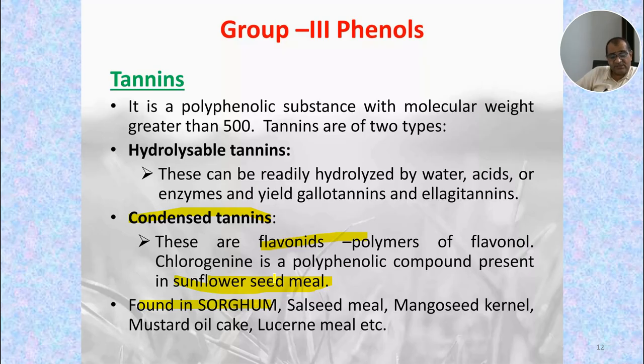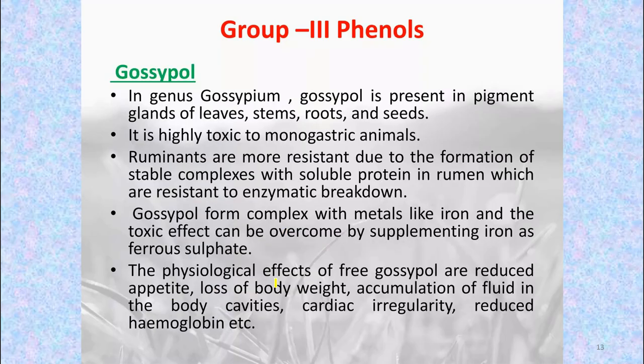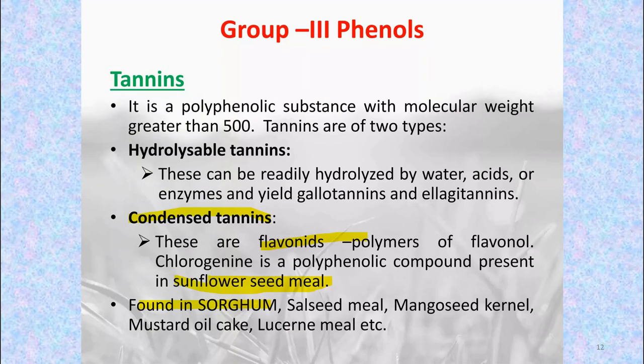Since this is the topmost plant-induced disease, we need to give importance to such things which have anti-nutritional factors. Tannin is also present in sorghum, because sorghum is a very commonly used cattle feed to meet nutritional requirements.